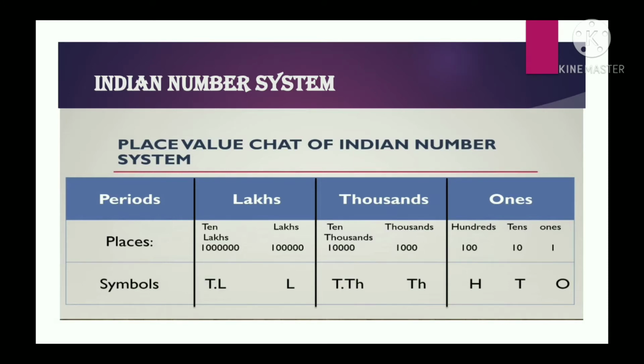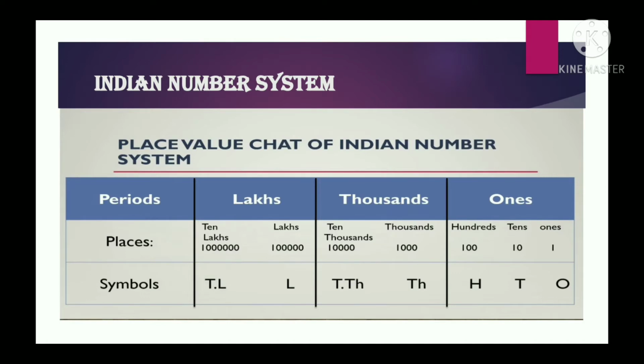And similarly for the places, for ones we write only 1, for tens we write 10, for hundreds we write 100, for thousands we write 1000, for 10,000 we write 1 and 4 zeros, for lakhs we write 1 and 5 zeros, for 10 lakhs we write 1 with 6 zeros.